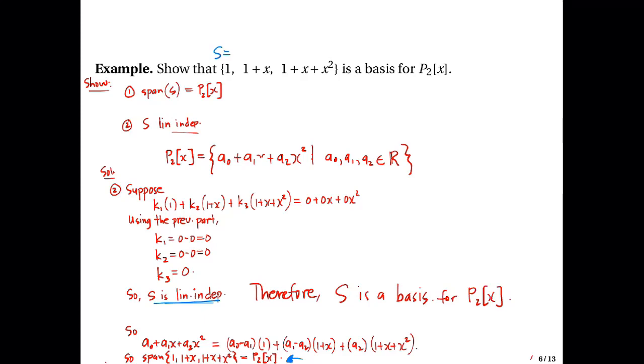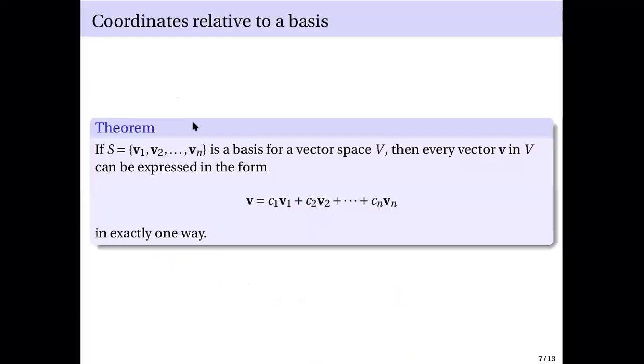So what is that in relation to what we just discussed? Coordinates relative to a basis. So suppose we get a basis for a vector space V. So let S with basis V1, V2, and Vn. Okay, let S be a basis for a vector space V.